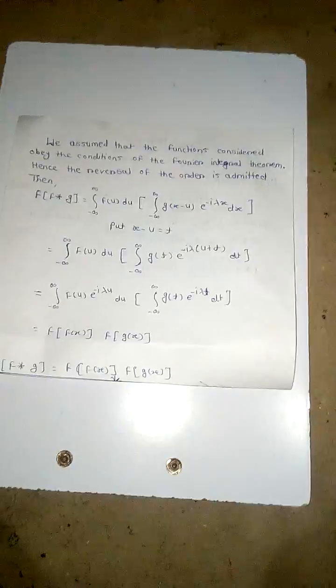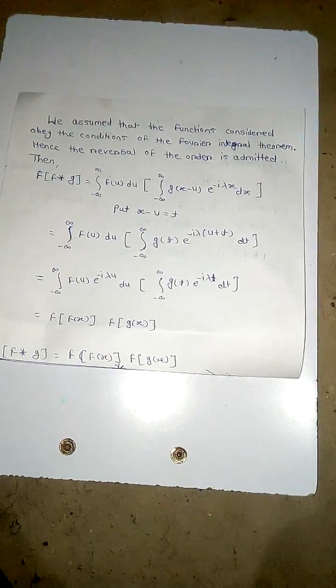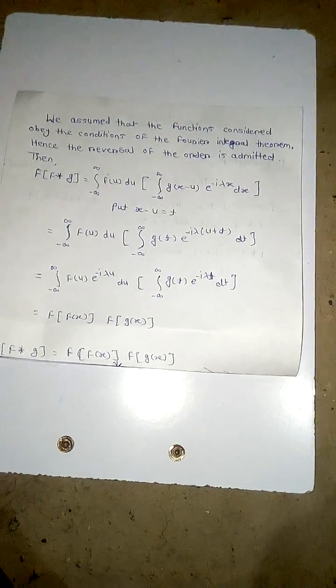Now consider the integration from minus infinity to infinity of g(x minus u) times e to the power minus i lambda x dx. Put x minus u equal to t.